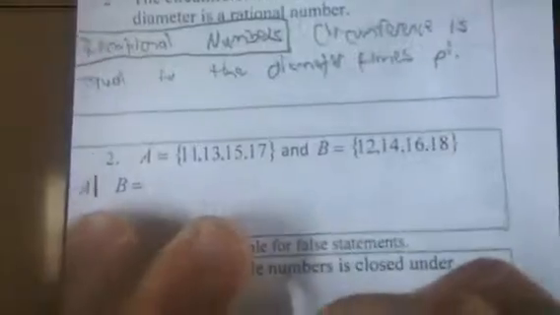Irrational numbers. Because circumference is equal to the diameter times pi, and pi is irrational.